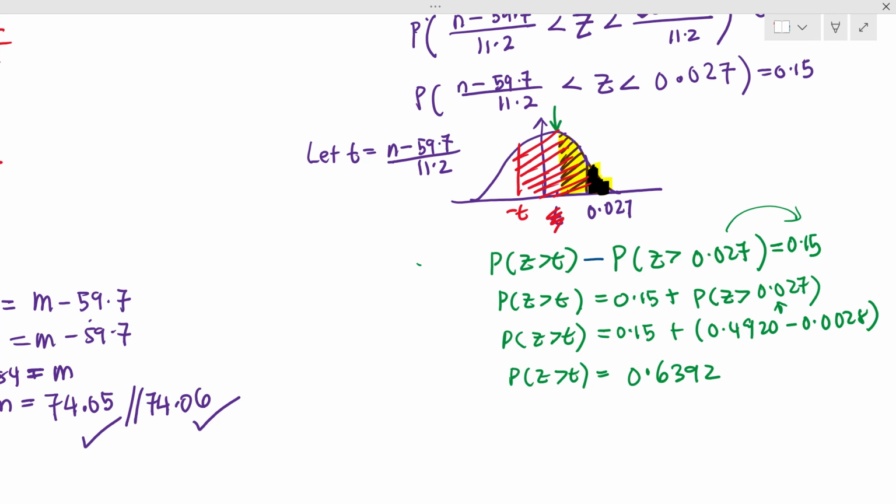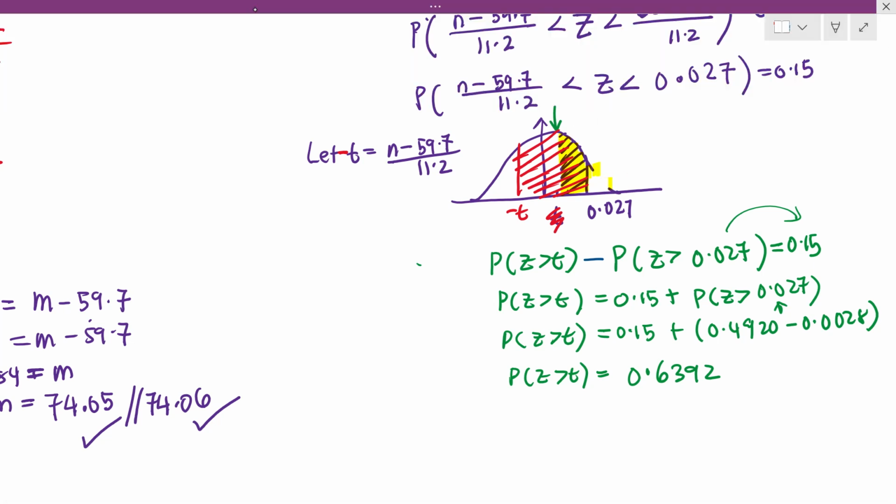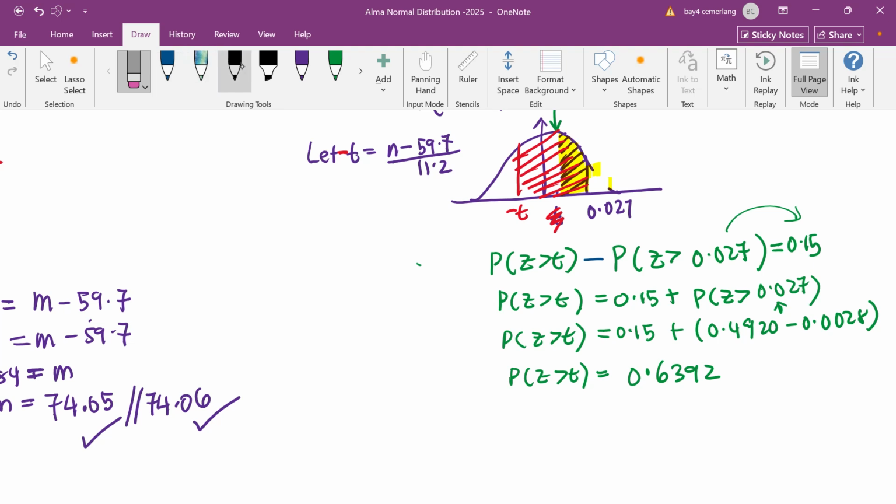If that is the case, you apply negative t here. Okay, wait. We don't need to erase everything. We can modify the working here.